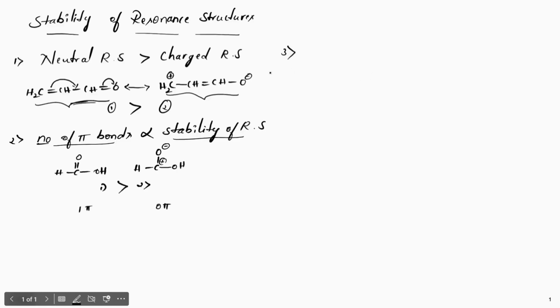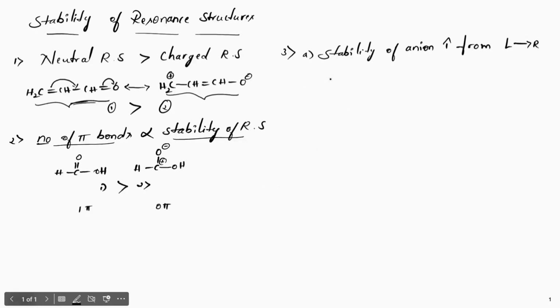Coming to the third one, in that we have stability of anion increases from left to right in the periodic table.